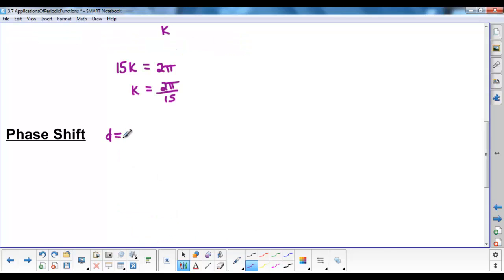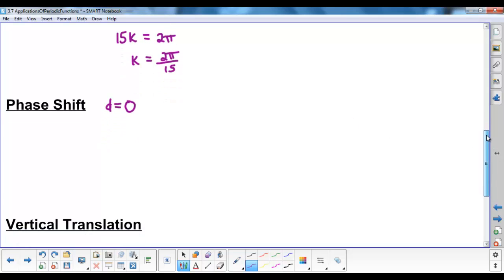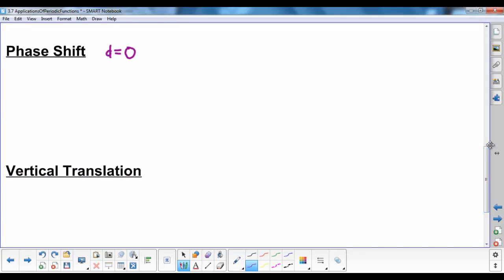Because we chose an appropriate function, because we chose the reflected sine, our d value is going to be 0. No need to make it any more complicated than it needs to be. So the best thing to do is pick those appropriate functions so that your d value is always 0. And then finally, our vertical translation was, again, given to us in the question. Normal level, or midline, is at 9.